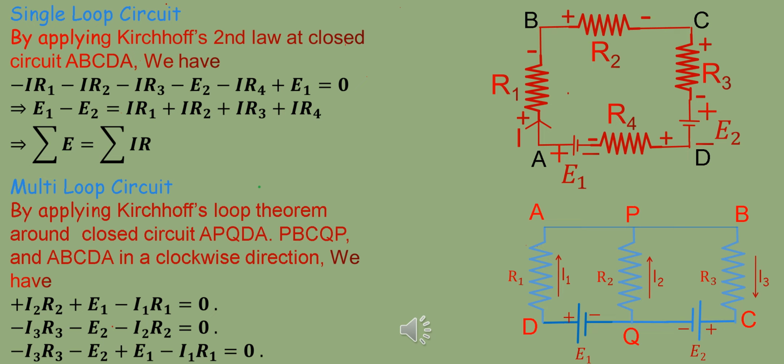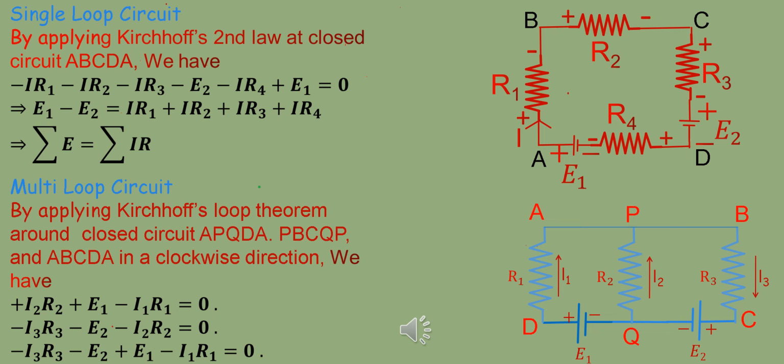And when we go from Q to D, potential will rise and it is plus E1. And when we go from D to A, potential will fall, it is minus I1 R1. And when we come back to point P, the total voltage is equal to 0.